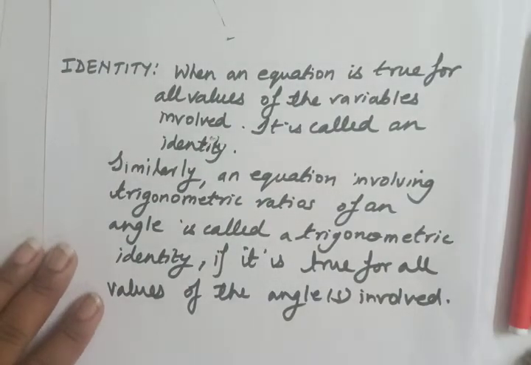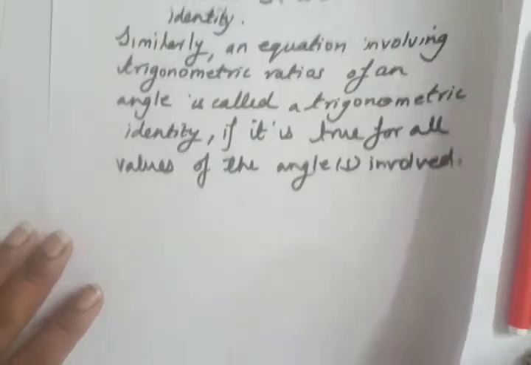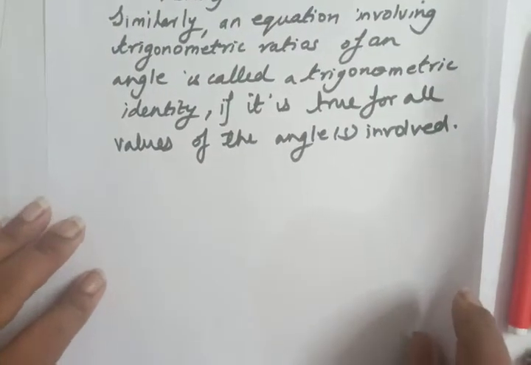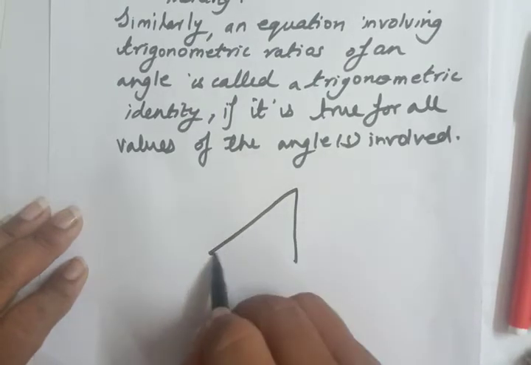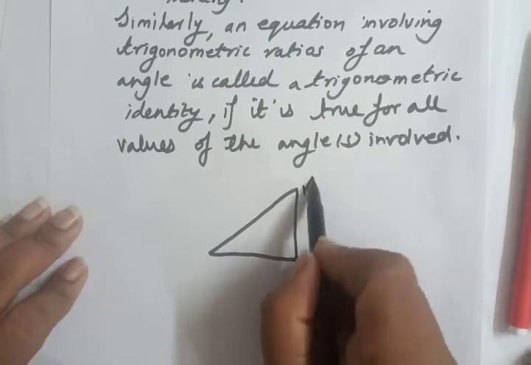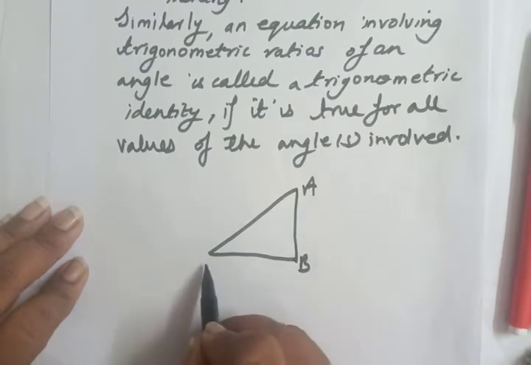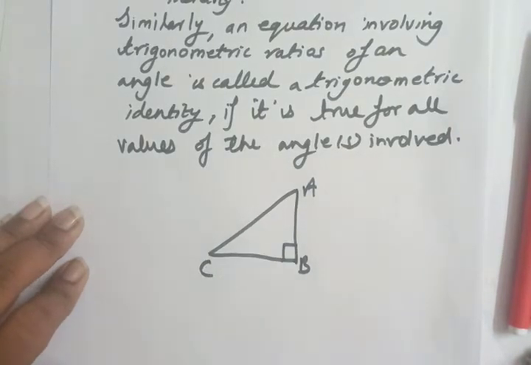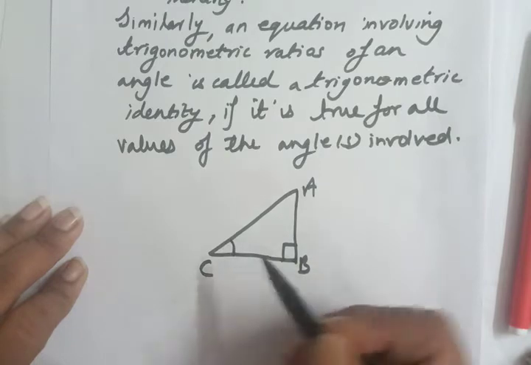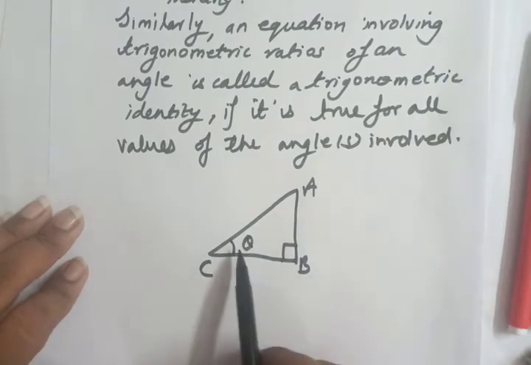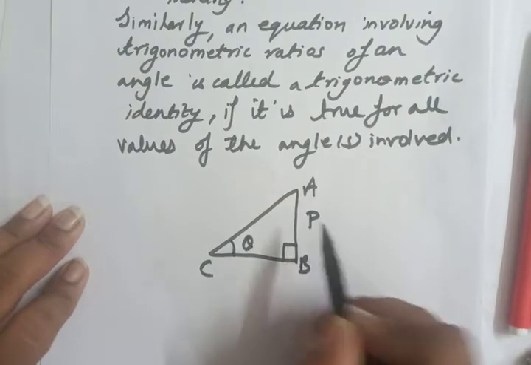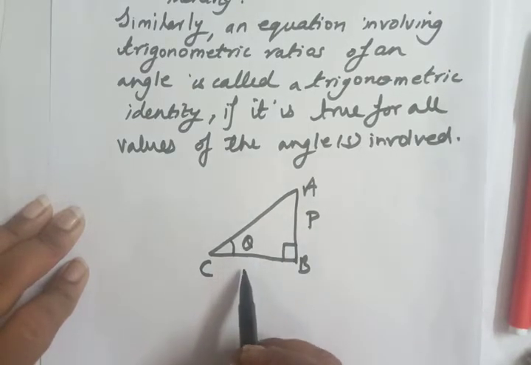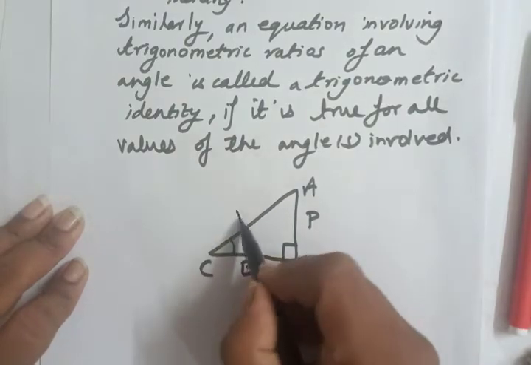To prove these, as I already told you, we are dealing with the right angle triangle. So let's draw the right angle triangle, right angled at B. This is the right angle. Suppose we are dealing with this angle theta. The side opposite to the acute angle is always the perpendicular, the side adjacent to the angle is always the base, and this is the hypotenuse.